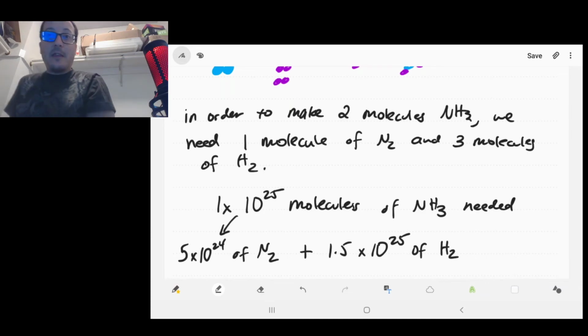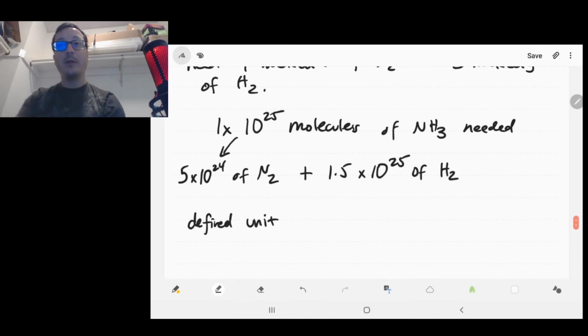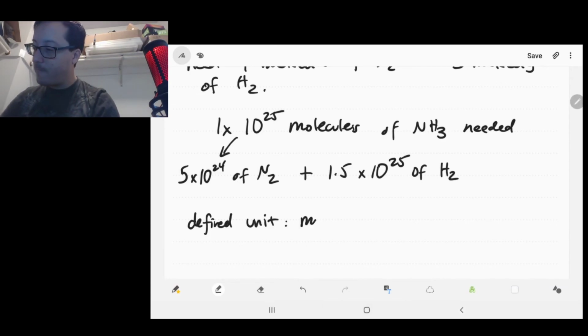And it turns out that we have defined a unit to kind of bring things from molecular land, where we're talking about individual molecules, to mass. And that unit is called the mole.